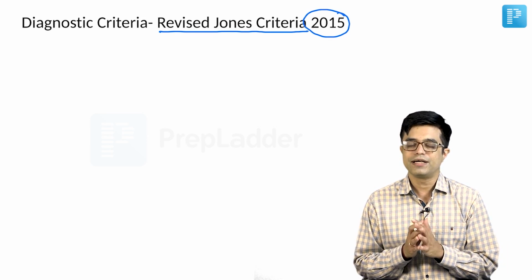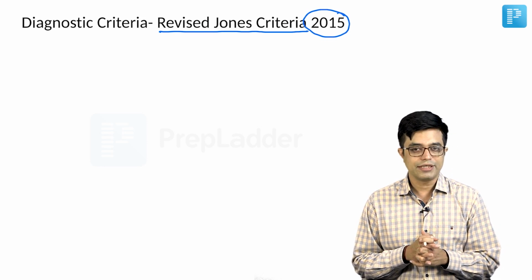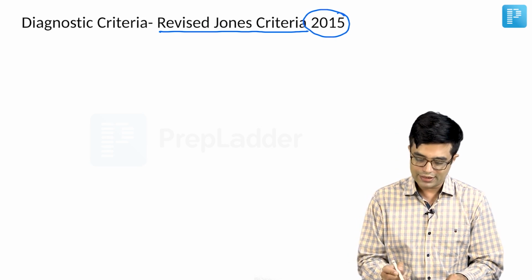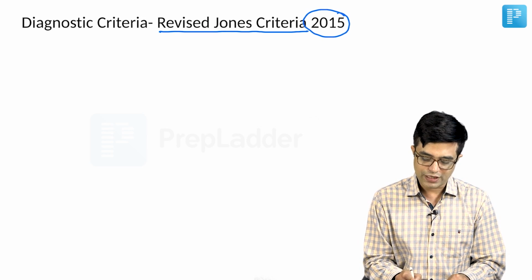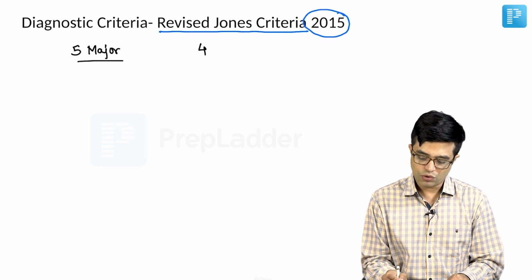Now when we talk about Revised Jones Criteria and its features, you need to understand that there are two types of criteria which are defined. There are 5 major criteria and 4 minor criteria, right?